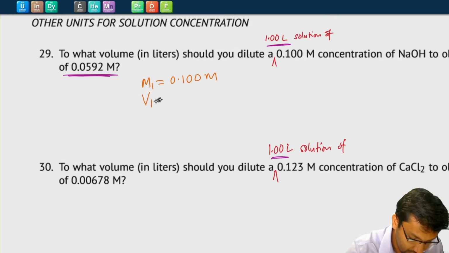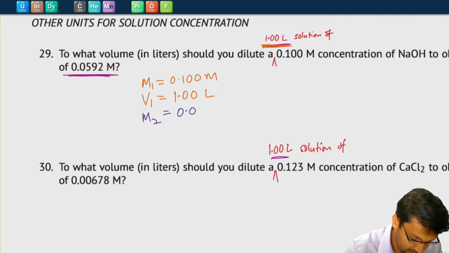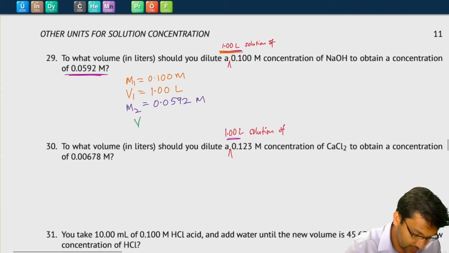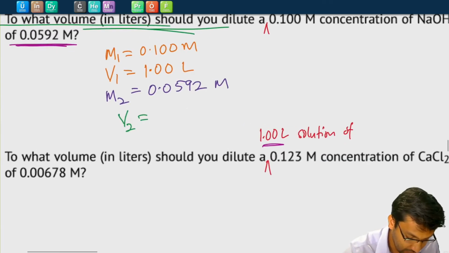Our initial volume that we're using is 1.00 liters. And our final concentration, M2, that we're interested in is 0.0592 molars. This means that what the question is asking us to find is to what volume in liters should we dilute the solution, meaning what's the value of V2.